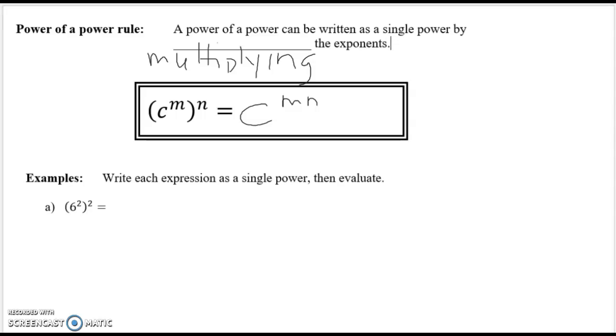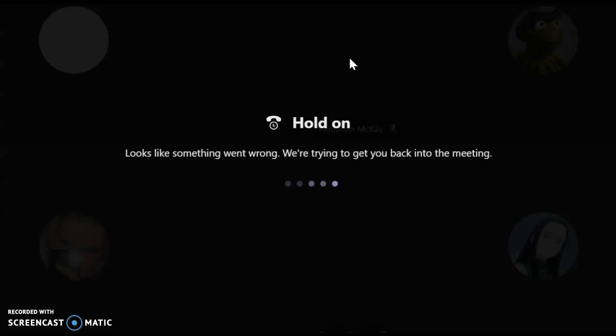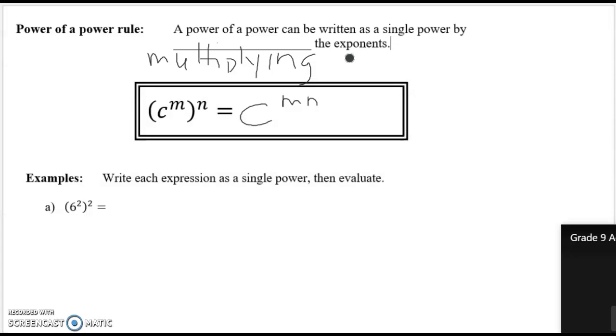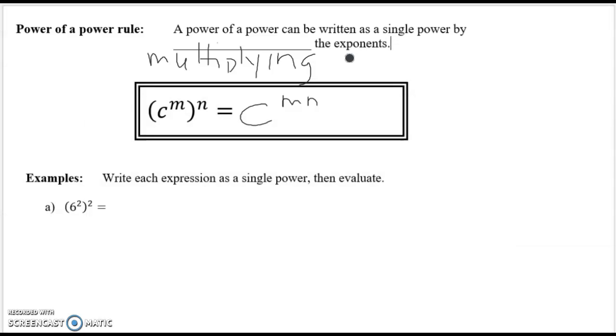Okay? Now, an example. Write each expression as a single power, then evaluate. So what we're going to do is, not annoying at all. Okay, so we have our base 6. And then our exponents are 2 times 2.